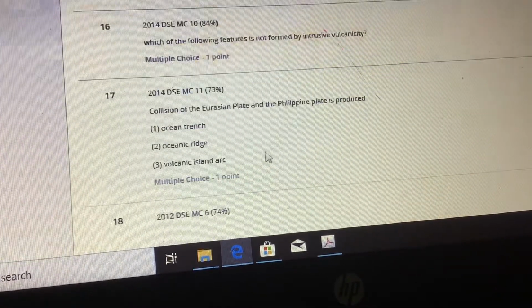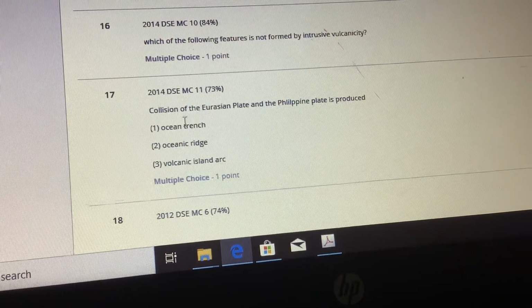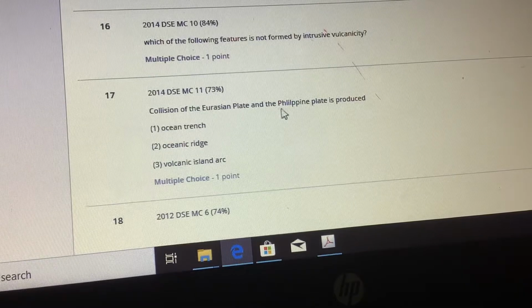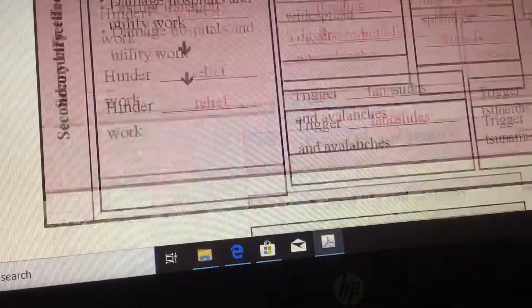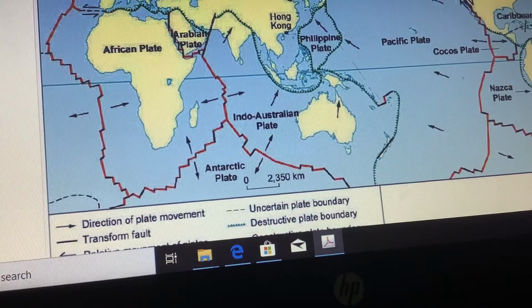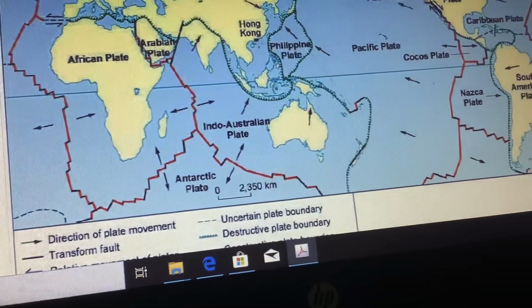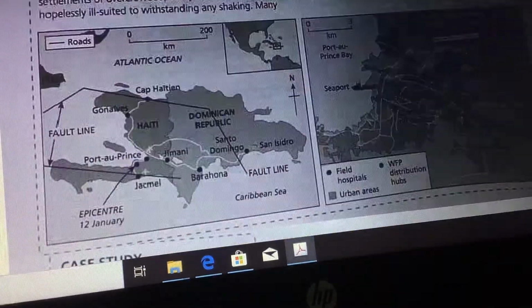And then number 17, collision of the Eurasian and Philippine plates is produced. You have to memorize this. Collision of the Eurasian plate and the Philippine plate, which should be here. Most of them are what? Let's check it out.